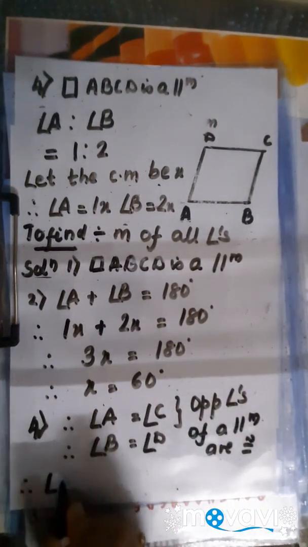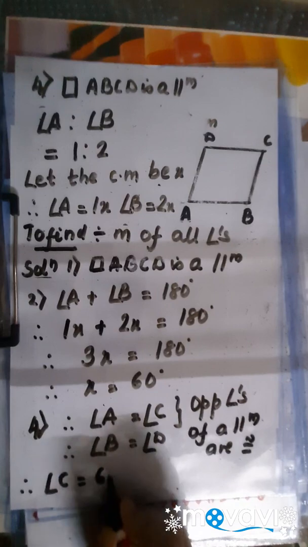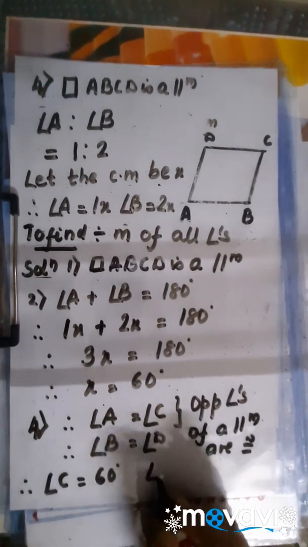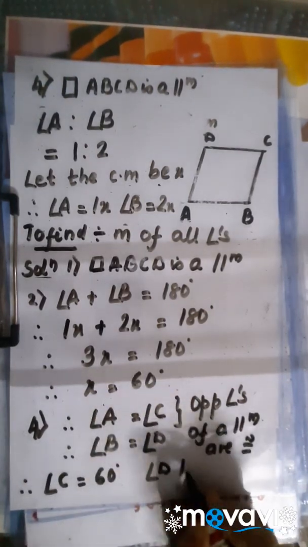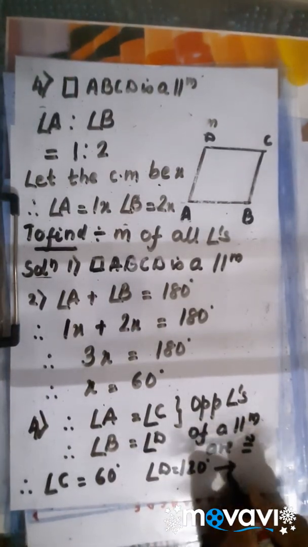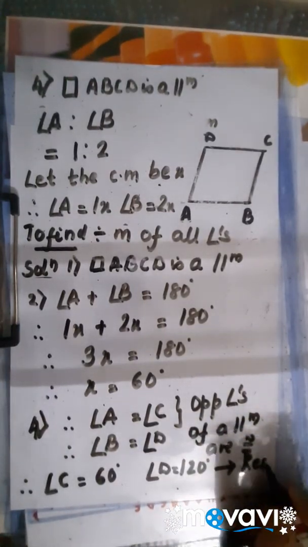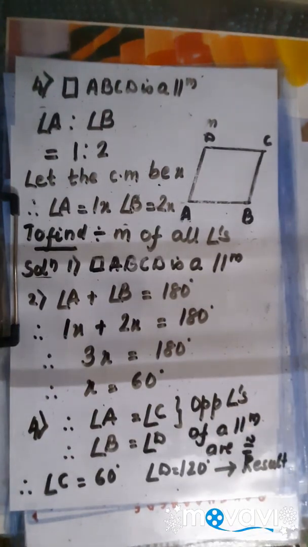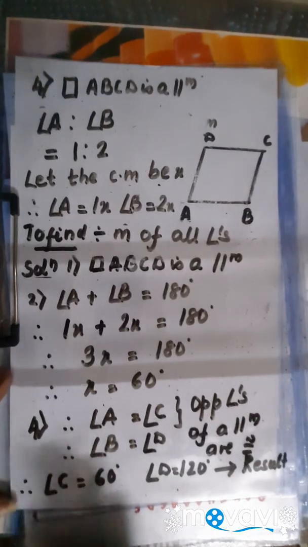Therefore, angle C is also equal to 60 degrees and angle D is equal to B. So B is how much? 120. Is that clear? So we got the four angles of the parallelogram. So A, B, C, D together. A is 60, B is 120, C and D are respectively 60 and 120. Got it?